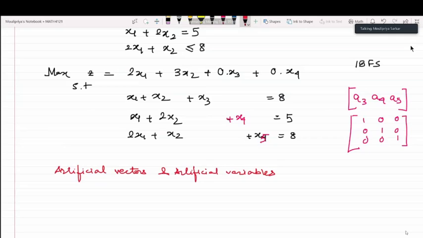Okay, just to let you know, the only purpose of artificial variables is the creation of the identity matrix, nothing else. Are you following? Am I able to make you understand the purpose of the artificial variables?